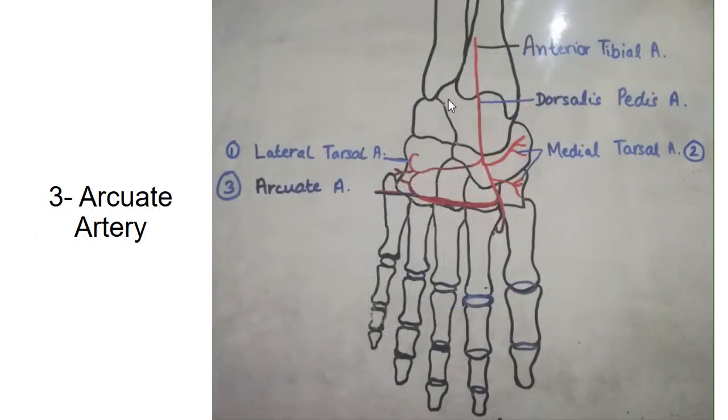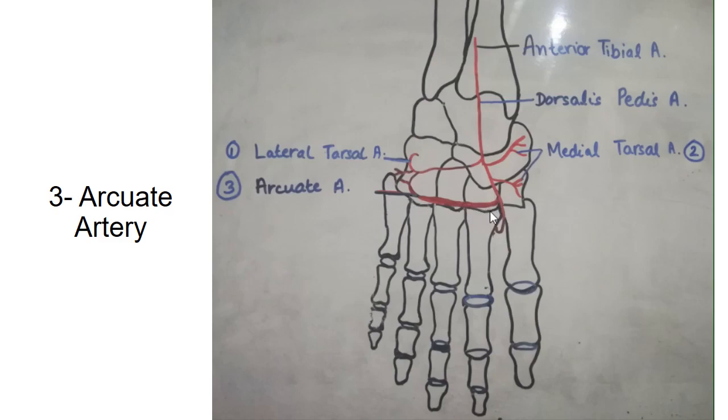Now the third branch on the dorsum of the foot is the arcuate artery. This transverse artery which you can see here is the arcuate artery, the third branch of the dorsalis pedis artery. It arises close to the medial cuneiform bone at this point. It travels laterally like this, deep to the digital extensor tendons.